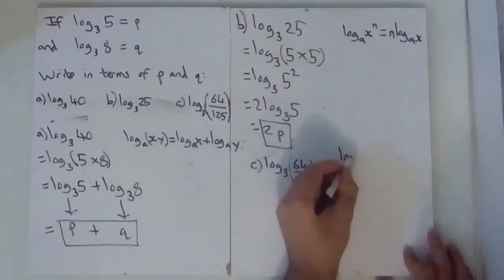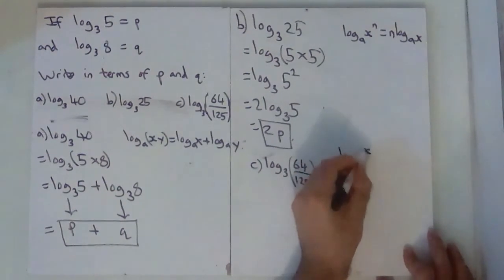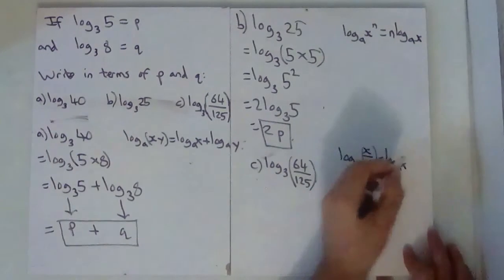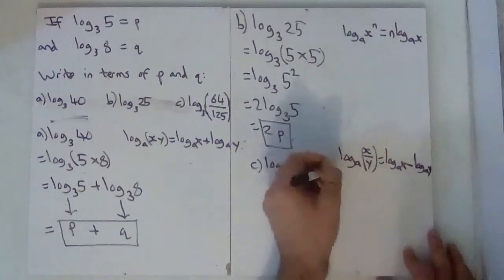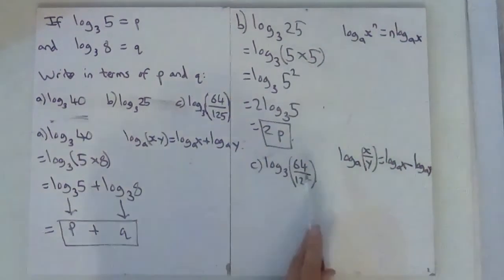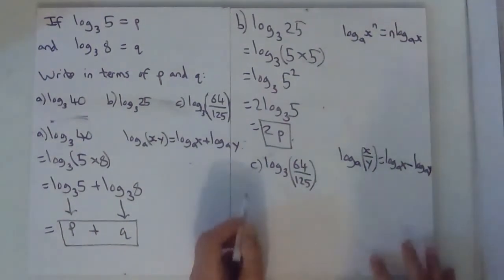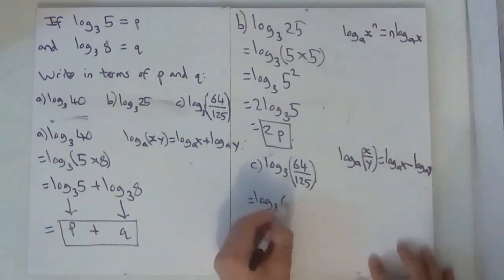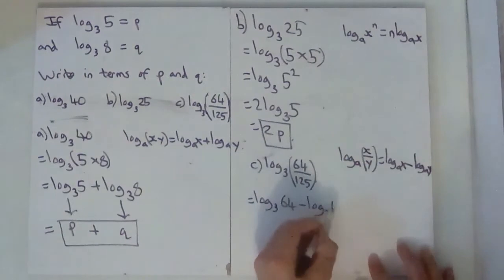So that is log base a of x over y equals log base a of x minus log base a of y. So here could be our x and here could be our y, and then we might have to do something else, but it's not a bad start. So we could say, well, this is equal to log base 3 of 64 minus log base 3 of 125.